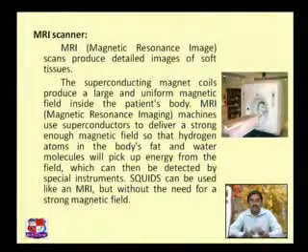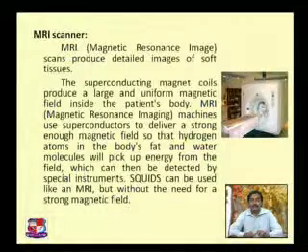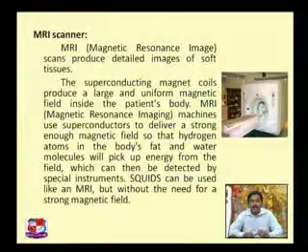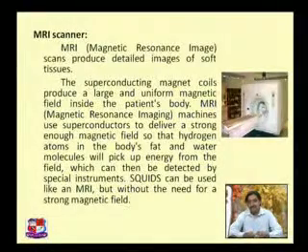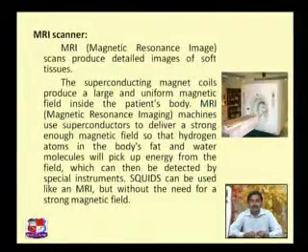Once we create a magnetic field and the person is exposed to it, our body generally has water, fat, and blood, and in blood we have hemoglobin and iron. All these materials are exposed to the magnetic field, and due to that they get magnetized.